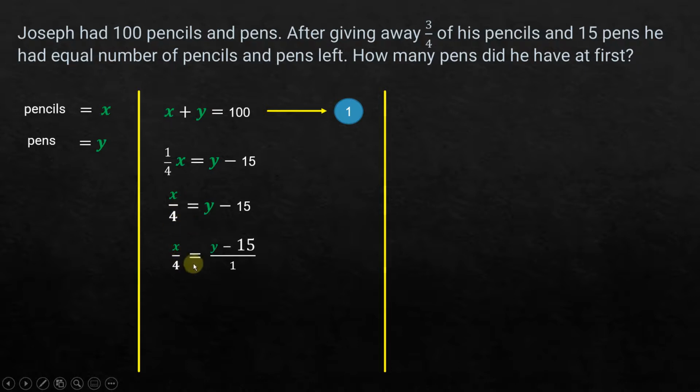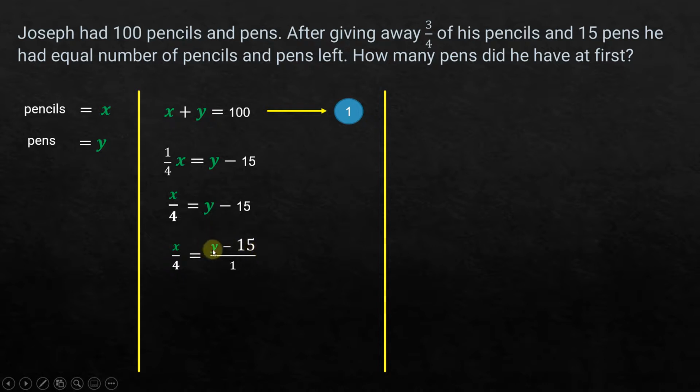I'm just going to show that x by 4 is equal to, again, y minus 15 can also be written as y minus 15 over 1. It's the same, right? There are two ways to look at it. One is multiplying 4 on both sides, or what we call cross multiplication. 4, when it goes here, it's divided by 4, so it goes here as times.